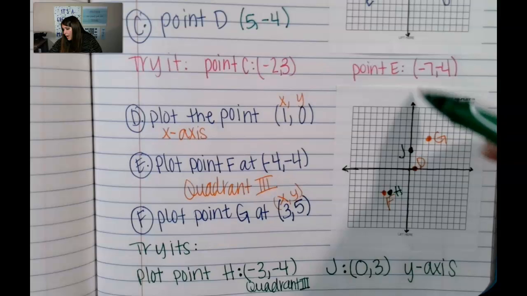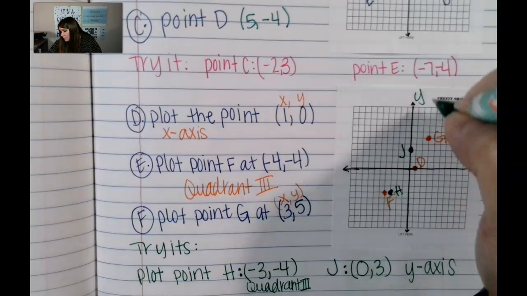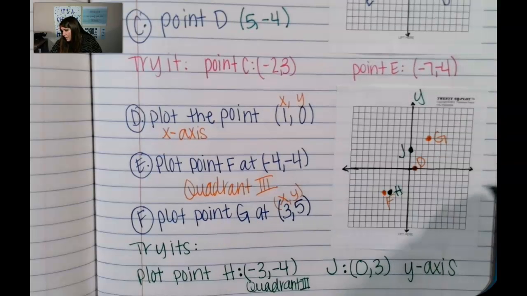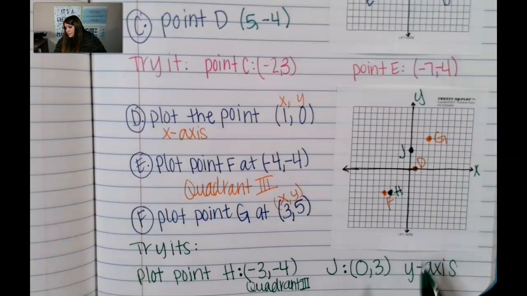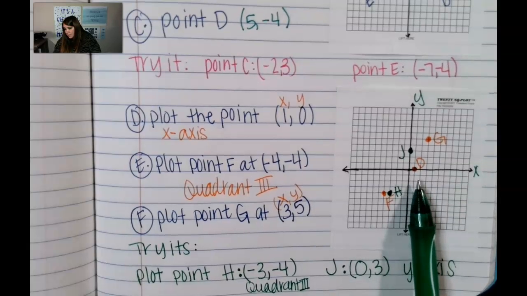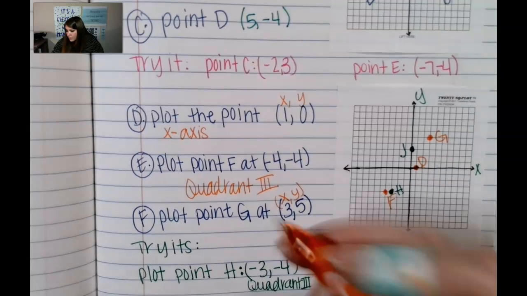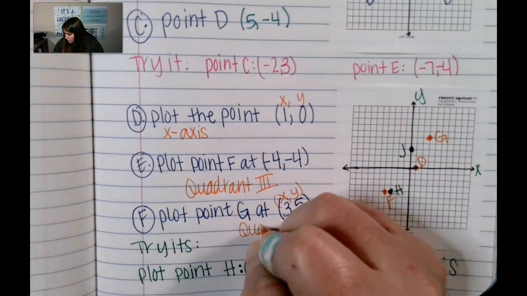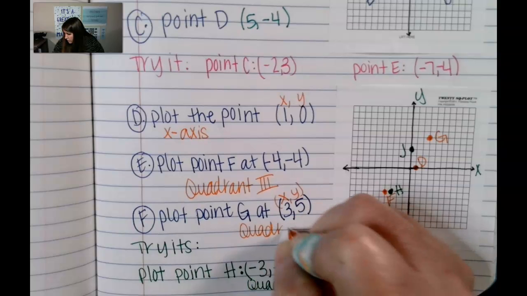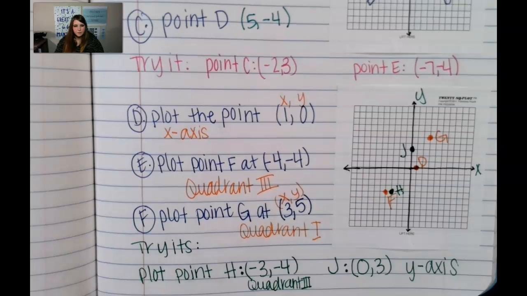Because it's straight on it, it's on the Y. D was on the X axis because it didn't go anywhere. G is in quadrant number 1.